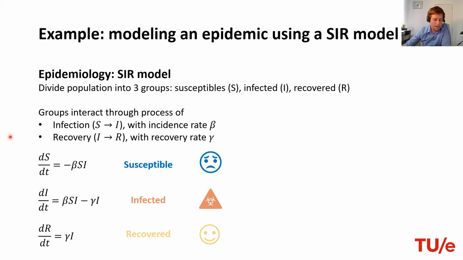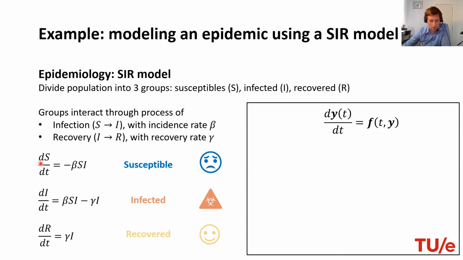So these are three equations, three first order ordinary differential equations with an independent variable of time. And we see that they are also nonlinear. Here we have this product S times I, which makes these nonlinear equations.